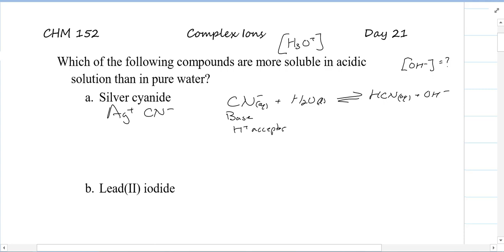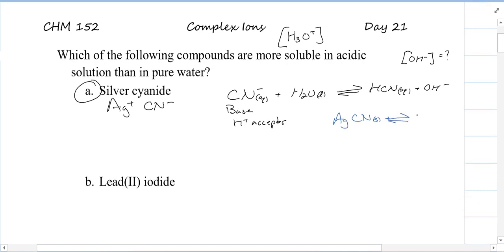So therefore, A will be more soluble in acidic conditions than in pure water. How do I know that? Well, let's write it in blue. AgCN solid goes to Ag plus CN minus. Next step, we have this going on in black.